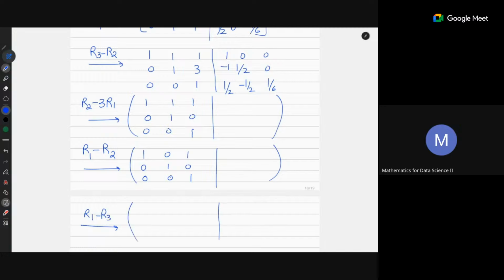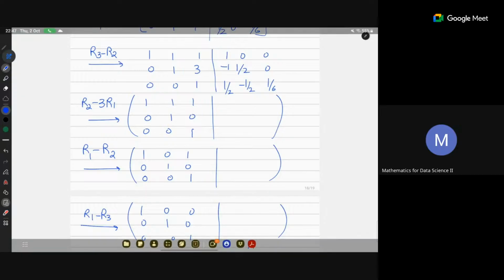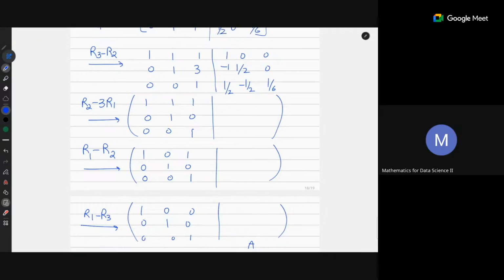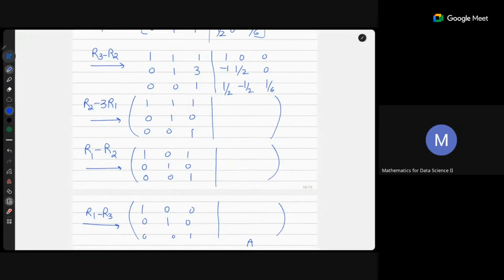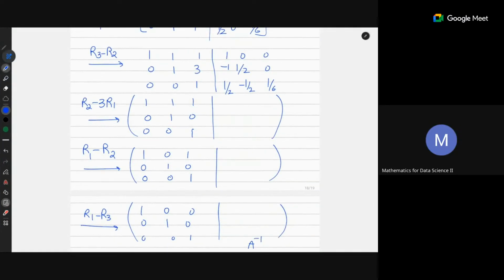So we'll get 1 0 0, 0 1 0, 0 0 1. So we'll get something over here which corresponds to A inverse.